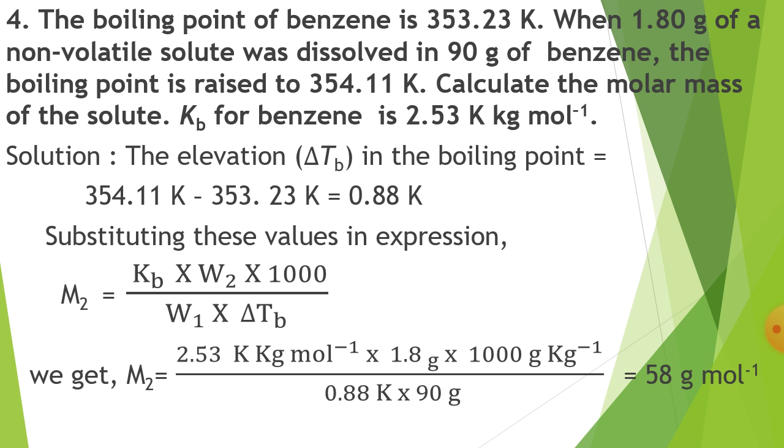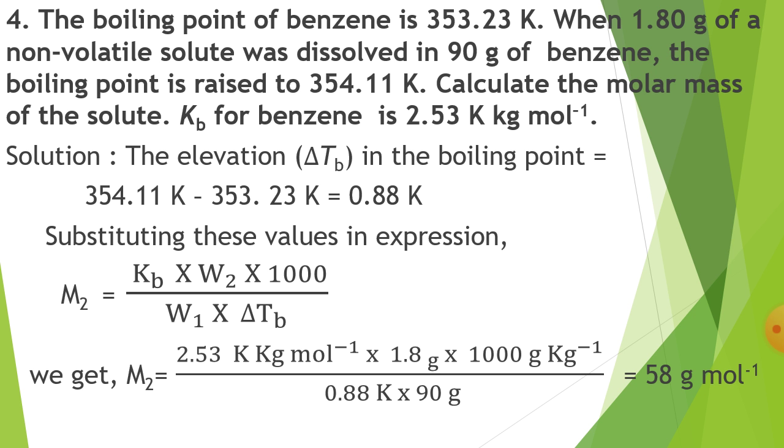The difference either in degree centigrade or in Kelvin should be the same. That's why you can write either 0.88 K or 0.88 degree centigrade. Putting these values in the formula, we can calculate M2 equals Kb into W2 into 1000 divided by W1 into delta Tb.